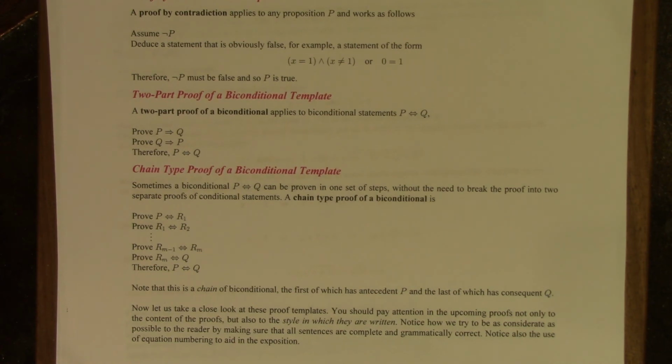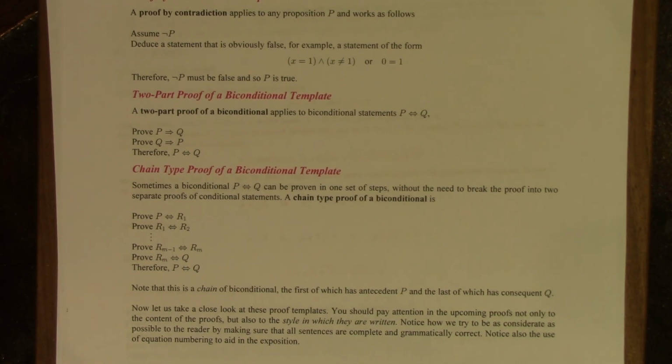And again, here you should start your proof by saying, first, we will prove P implies Q. And you have to write that out. You're not going to literally say P implies Q. You're going to write out what that means based on the theorem at hand.